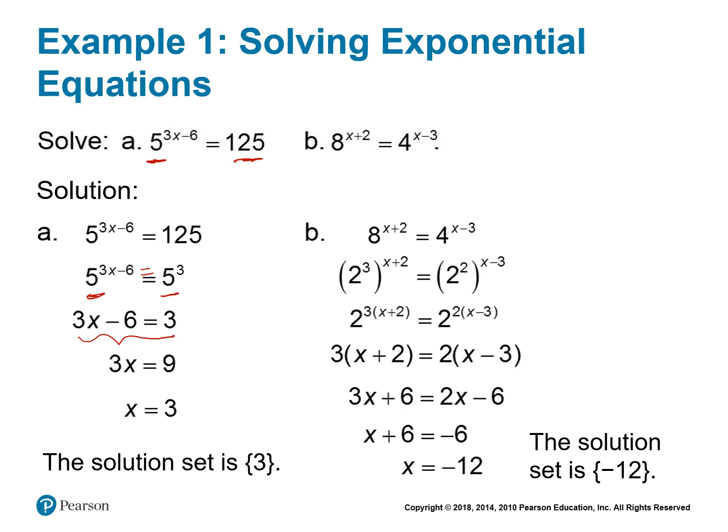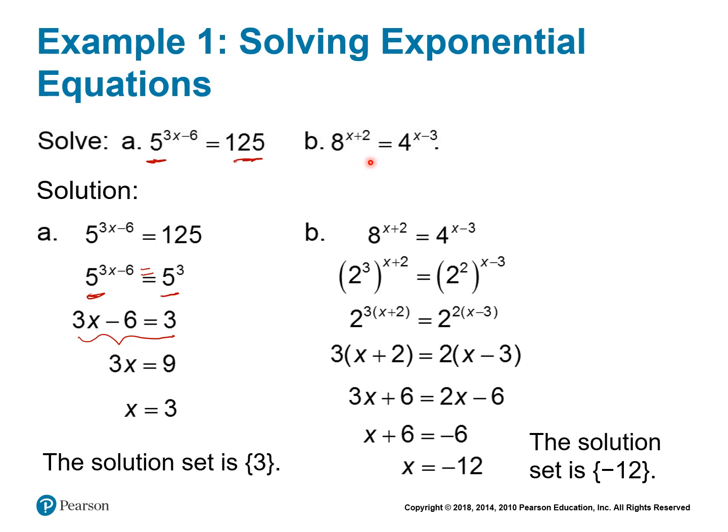They've moved the minus 6 over to the other side, which becomes 3 plus 6, which is 9. So 3x equals 9, therefore, dividing both sides by 3, x equals 3. So the solution of x here is 3.